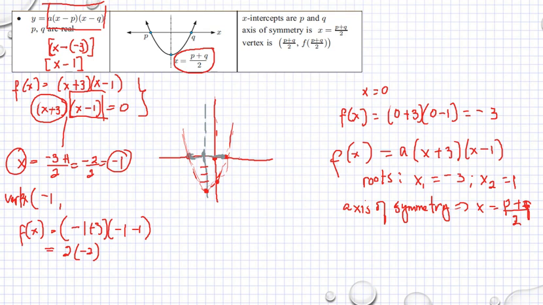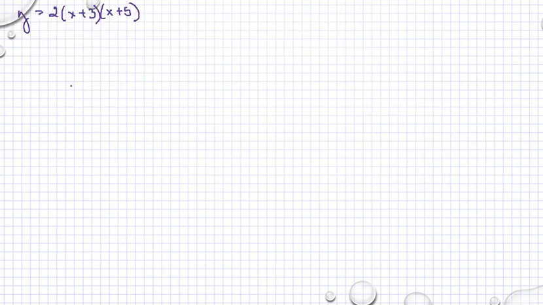Maybe it's not that difficult after you are used to doing these things. I will give some examples. Here is another example. We're going to sketch this later, but we are going to find the roots first. We have y is equal to 0. Then we have 2 times x plus 3, multiplied by x plus 5 in parentheses, is equal to 0.